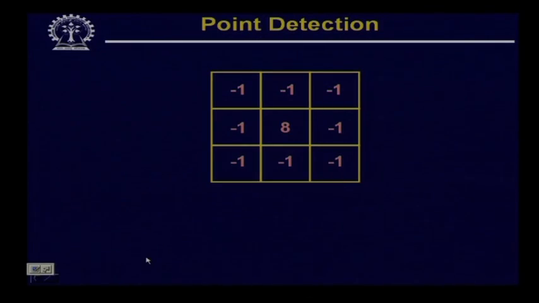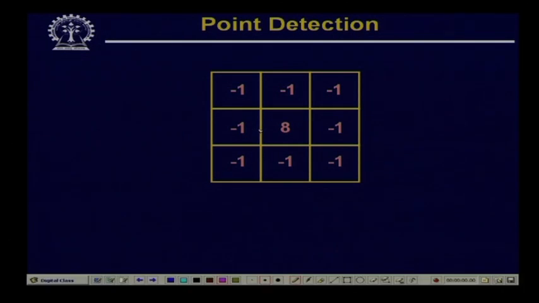So, when it comes to isolated point detection, we can use a mask having coefficient values like this, where the center coefficient in the mask will have a value equal to 8 and all other coefficients in the mask will have a value of -1.